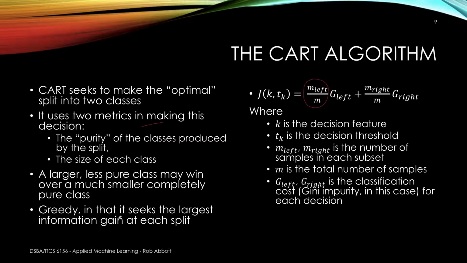So this is the CART algorithm and simple decision tree logic. We're going to talk next about random forests and other ensemble methods and see how they improve over simple decision trees.